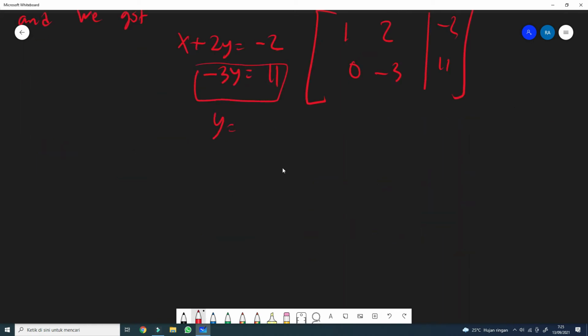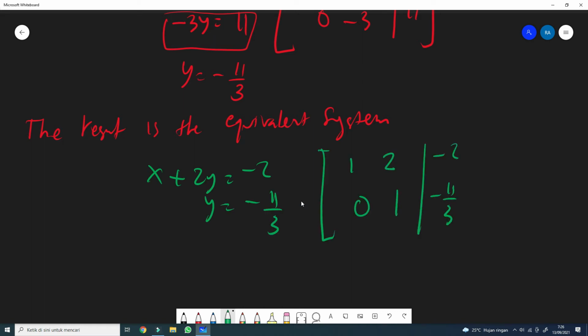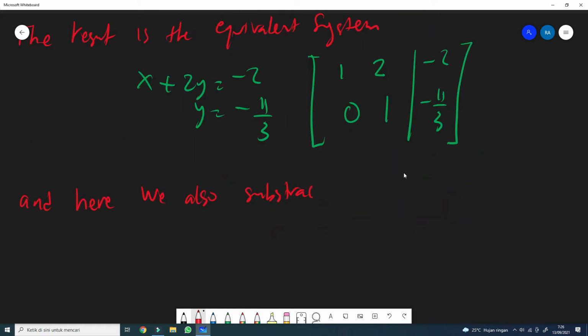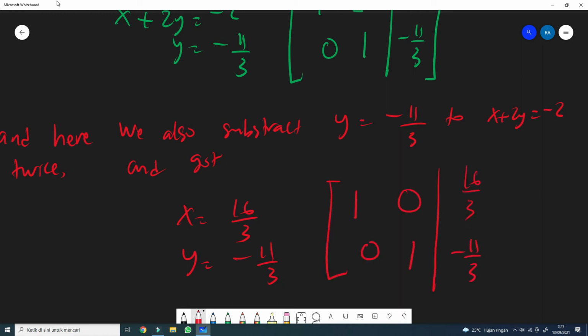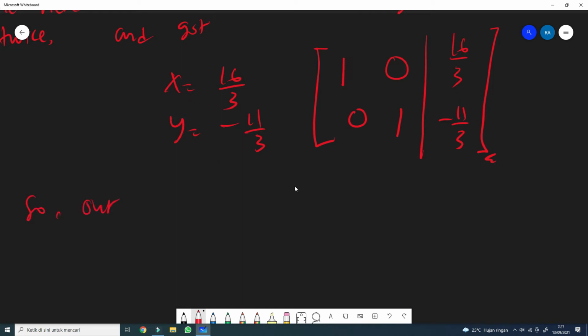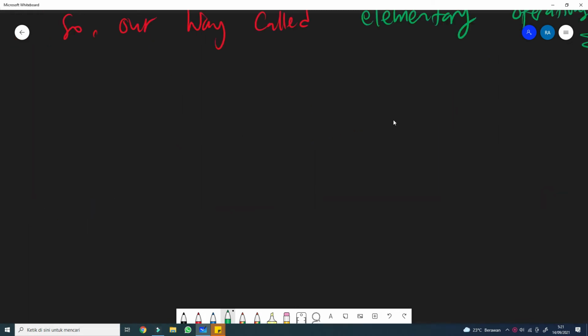The y here equals -11/3. And here we also substitute y = -11/3, and got x = 16/3, and y = -11/3. So the augmented matrix is like this, and our operation is called an elementary operation.